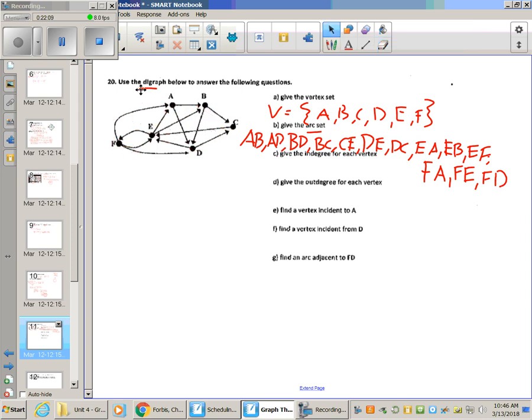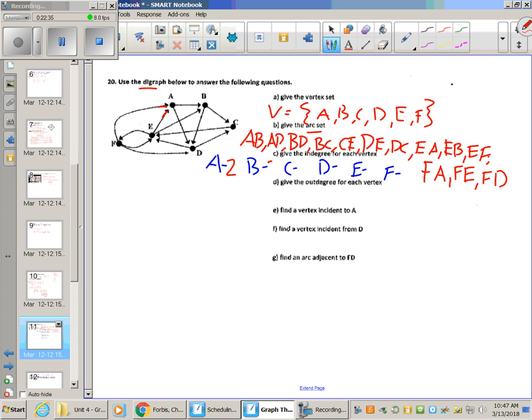Okay, let's do the in degree and out degree for each of the vertices: A, B, C, D, E, F. Remember that the in degree is all of the ones that have arrows pointing at it. So with A, we have 2.